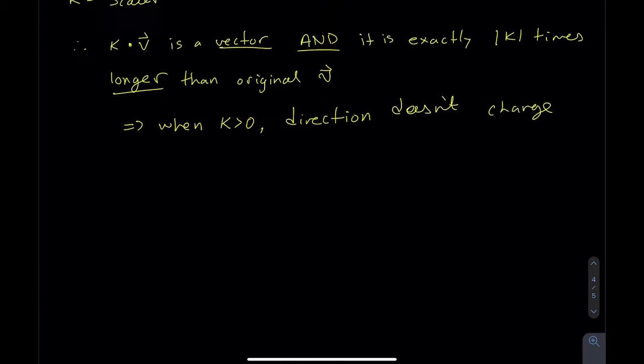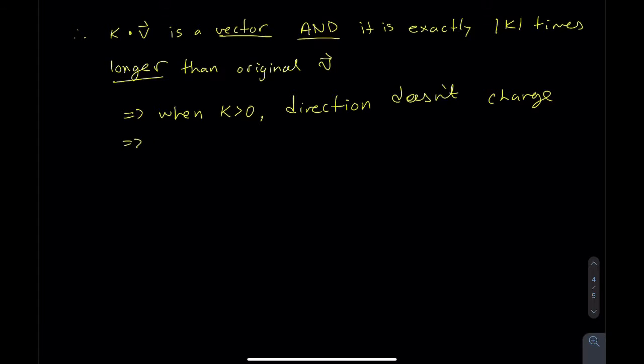So when a scalar k is less than 0, so it's negative, the direction changes, or more specifically, the direction is opposite. Not only does the direction change, but it becomes the complete opposite.